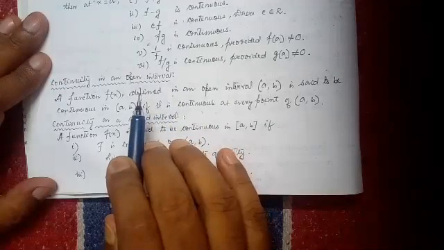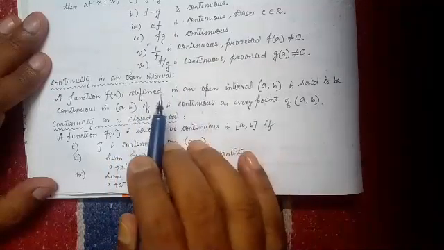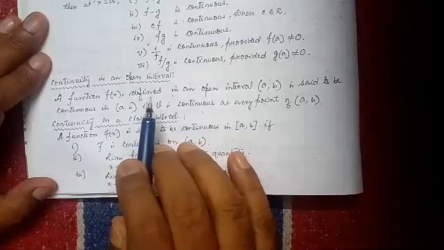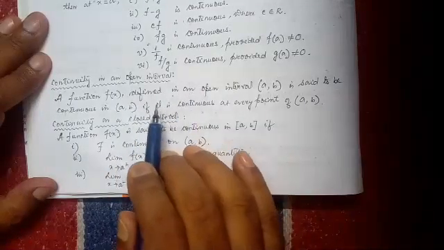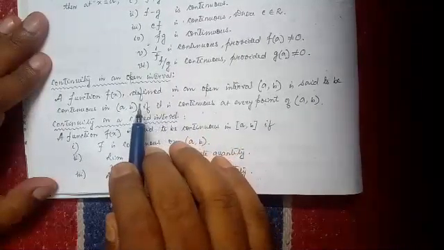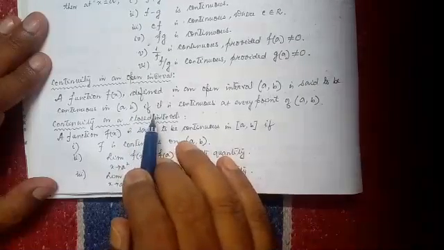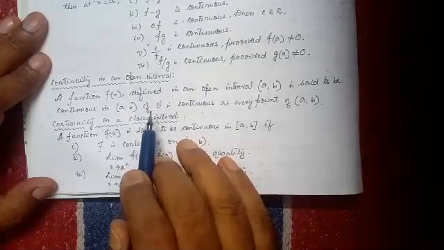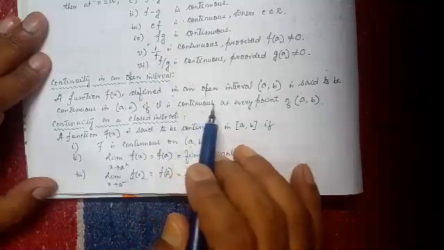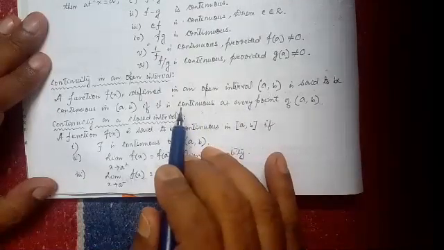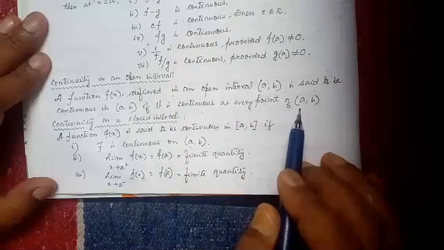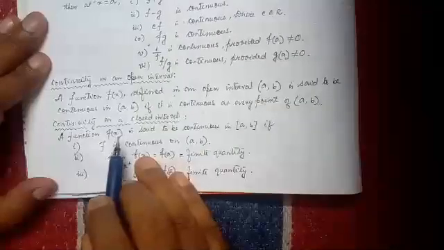In the open interval a and b, in between a and b, there are so many points. If the function is continuous at every point, then it is said that the function is continuous in the open interval a comma b. Open interval means it is not taking the values a and b.